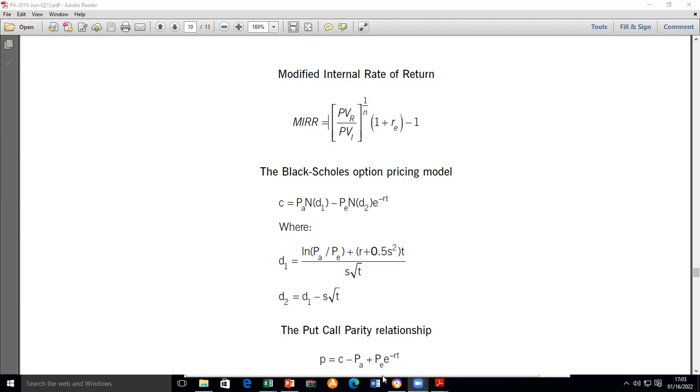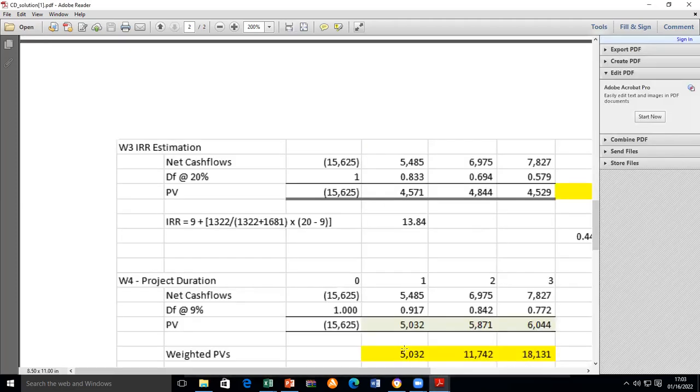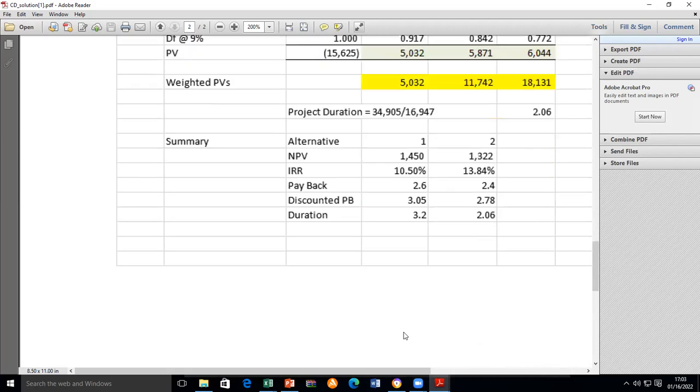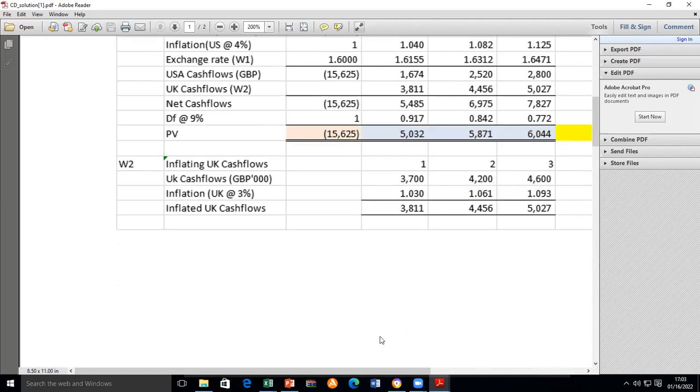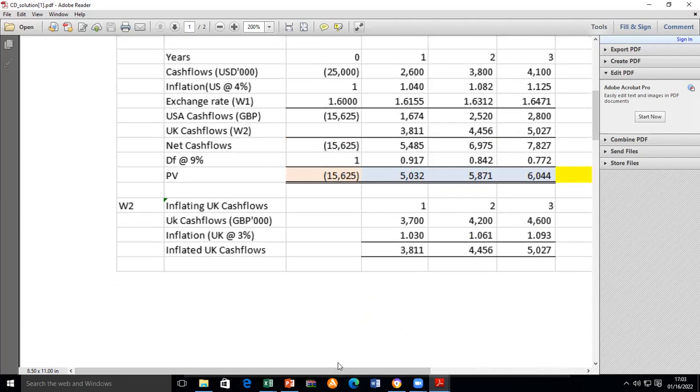So here there are a few things, investment phase and return phase. Let us finish off our question. The cash flows are here. So let's calculate the modified internal rate of return. It is the present value of the return phase over the present value of the investment phase.